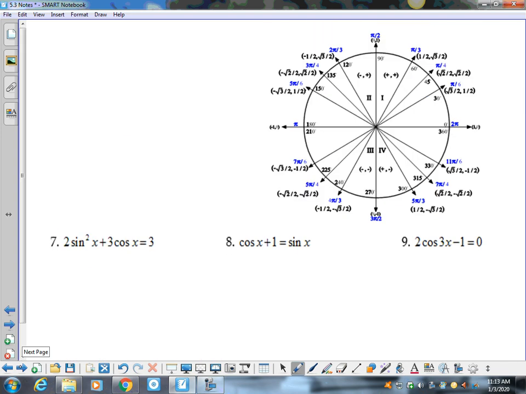Okay, now 7 sort of looks like it wants to be a trinomial. And I could subtract that 3 over and get it equal to 0. The problem with number 7 is I have 2 different trig functions. I have one that's a sine and one that's a cosine. Okay, but luckily you know that sine and cosine are related through the Pythagoreans. So you can take this sine squared x and think about what you can replace that with.